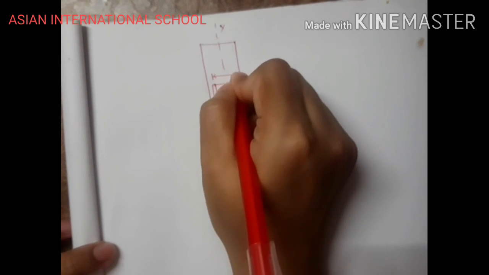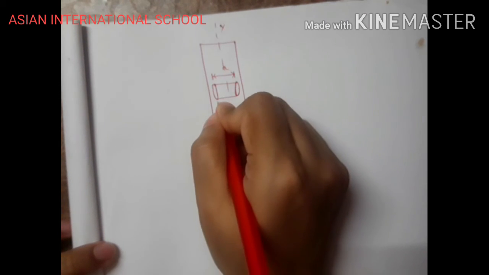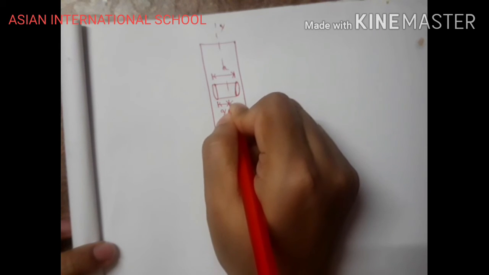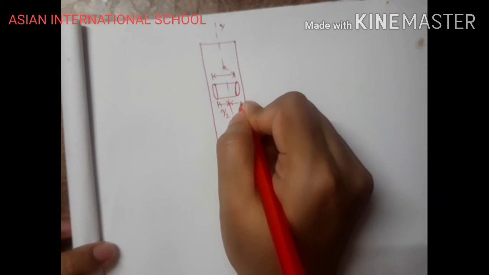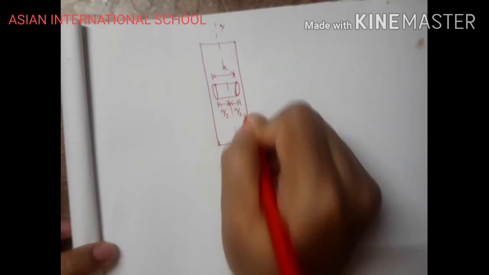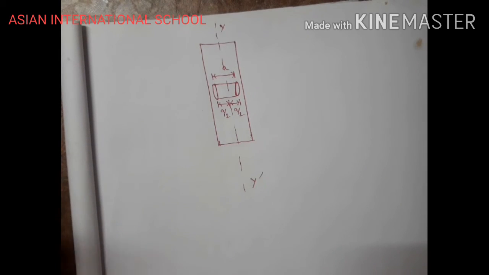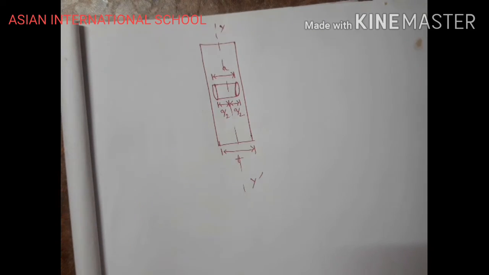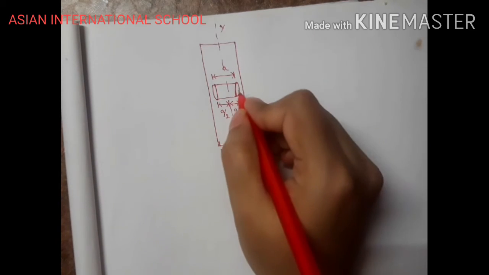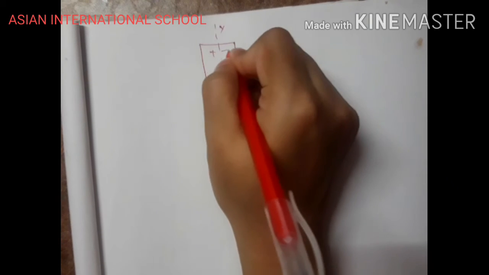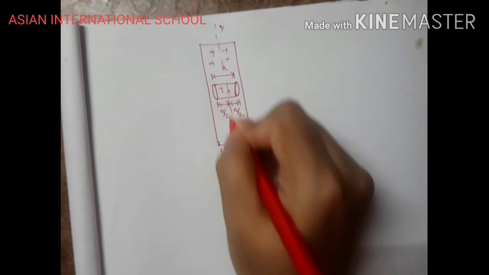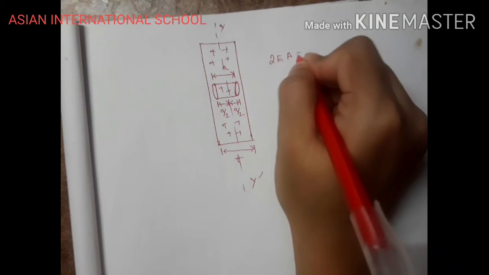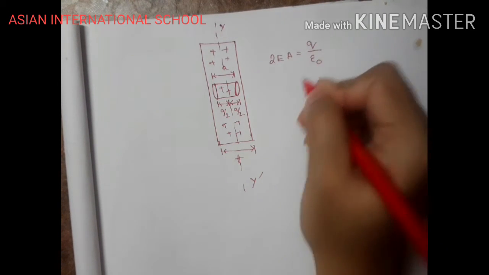The total length is A. I am considering from the axis it is A by 2, here it is A by 2. Thickness is T. So again, for two surfaces, and charges are distributed throughout. So 2EA equals Q by epsilon naught.